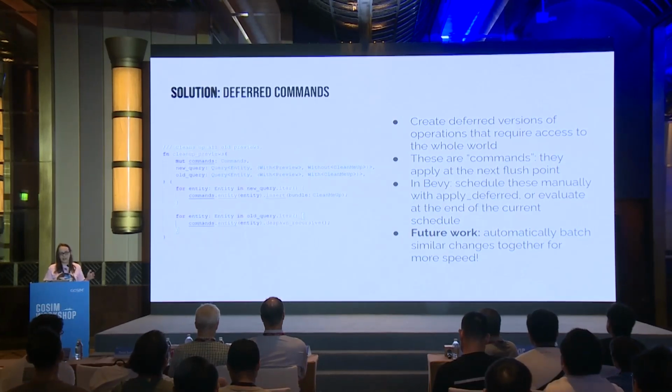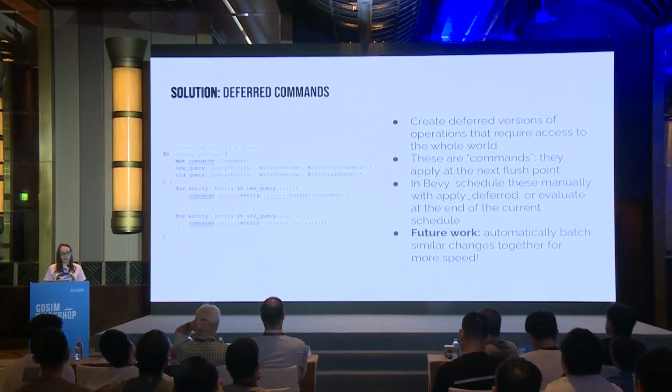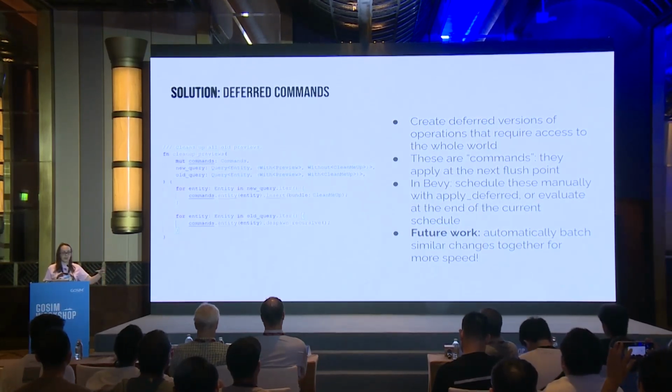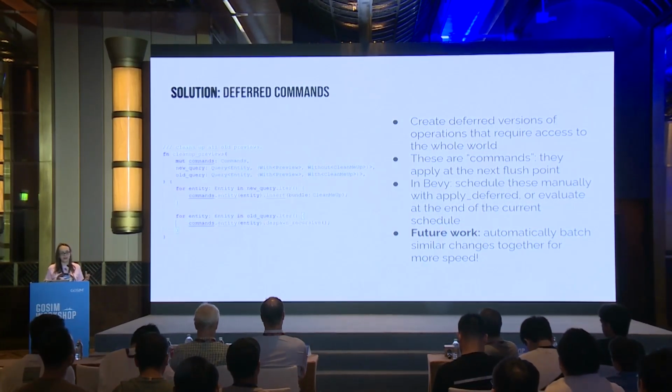You can just turn it into a command and say, hey, do this later. They apply only at the next flush point. And in Bevy, we have the ability to control precisely when these flush points are scheduled. There are no artificial restrictions anymore. But then they also get evaluated at the end of the current schedule by default.